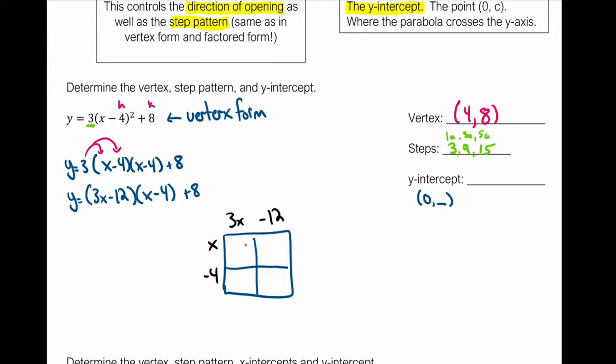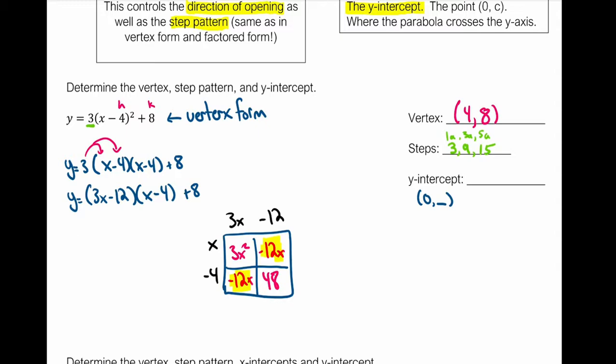Inside the box, I'm multiplying my corresponding rows and columns: 3x squared, negative 12x, negative 12x, and positive 48. I see that my two diagonals are my like terms.